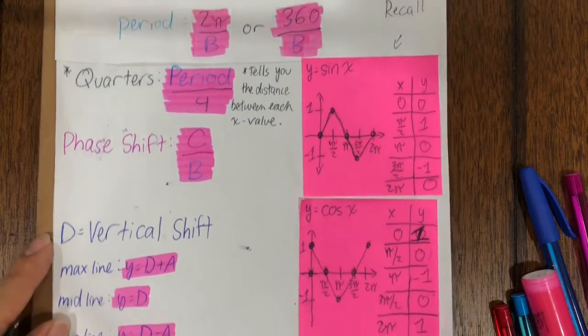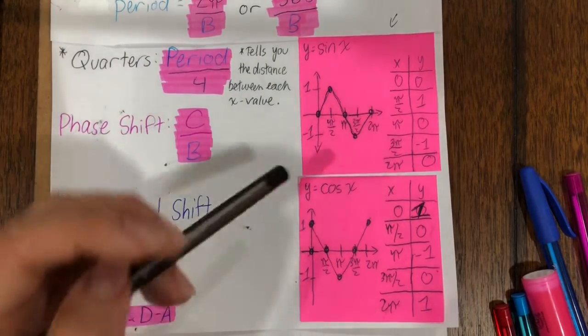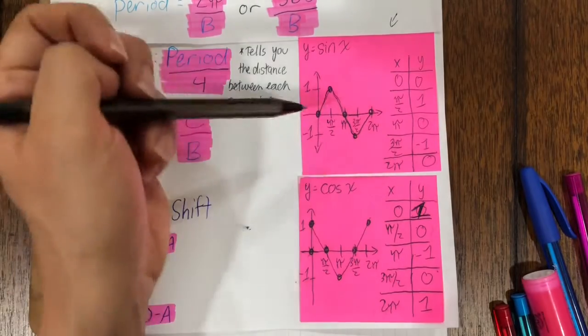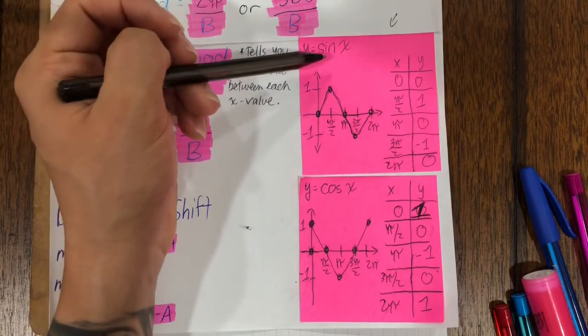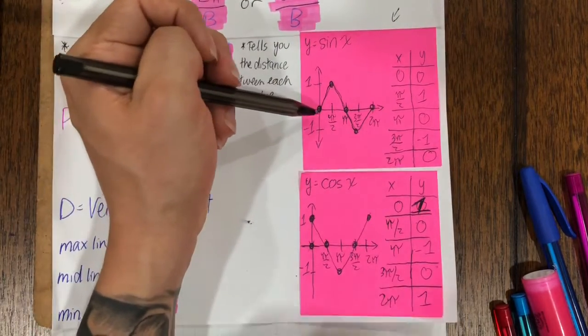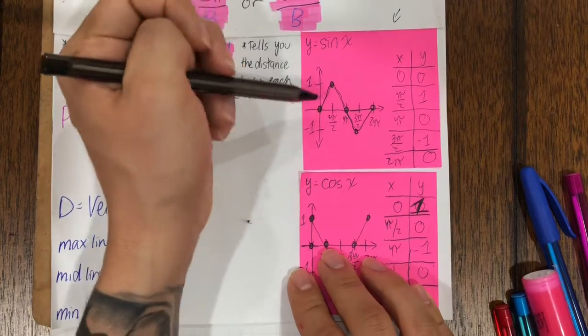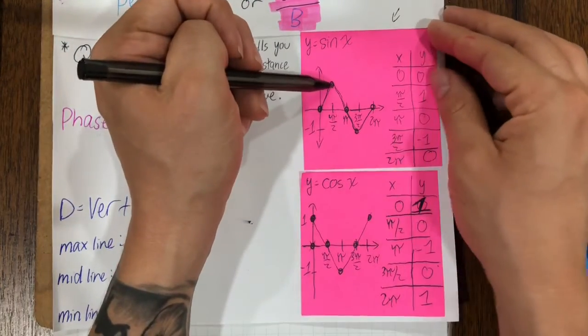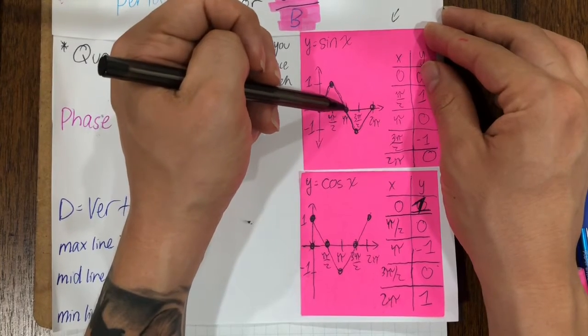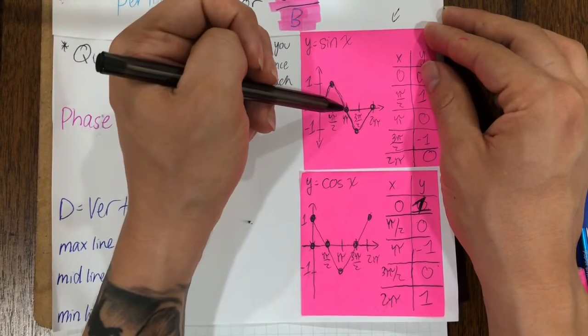Now, before I do that, let's recall the original graphs for sine and cosine. Over here, I have the original graph for sine of x. We start off with 0, 0, which is a midpoint. Then we have pi over 2, 1, which is a max. We have pi, 0, which is a midpoint.